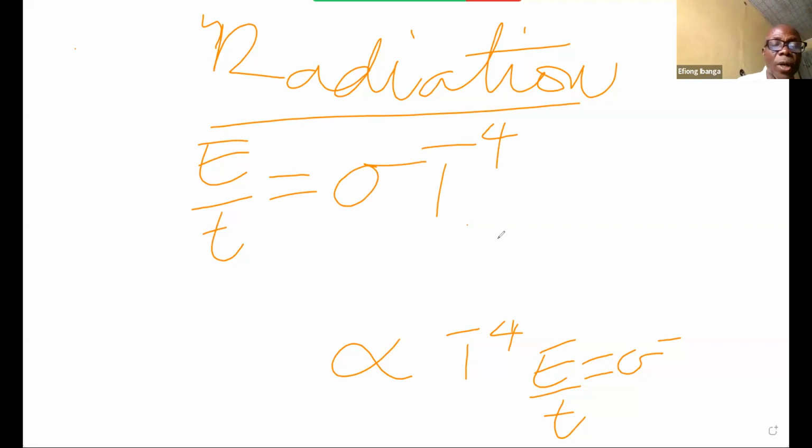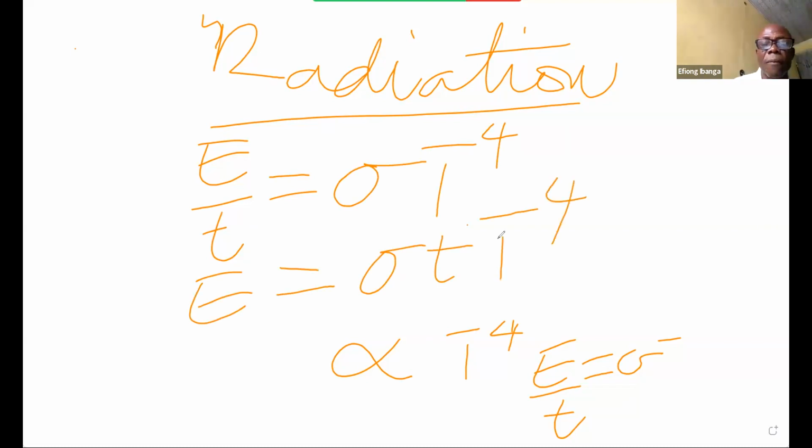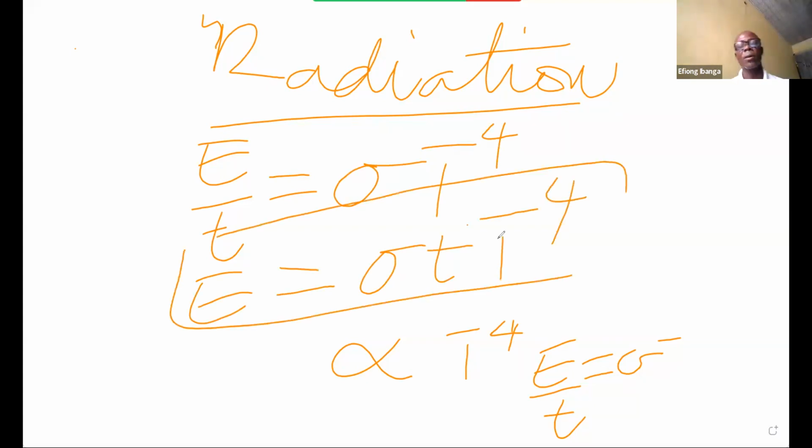Meaning that the energy that he is talking about should be written as this. So it is this quantity now that concerns us. This quantity is called the emissivity, and it varies from material to material. So it will vary from one emissive surface to another emissive surface.